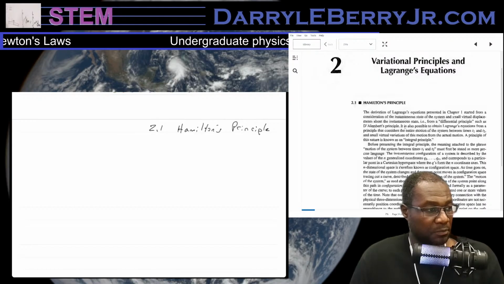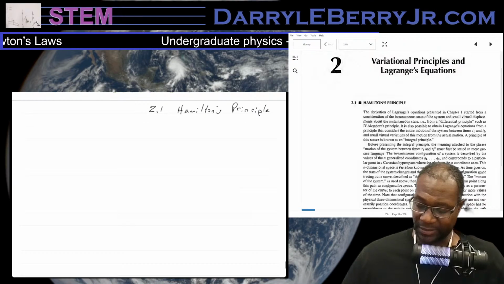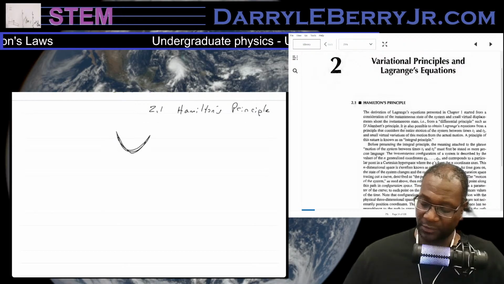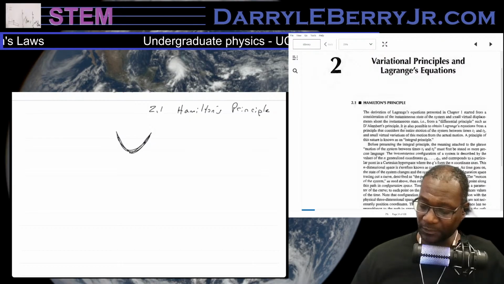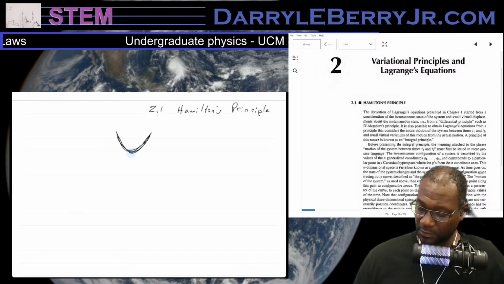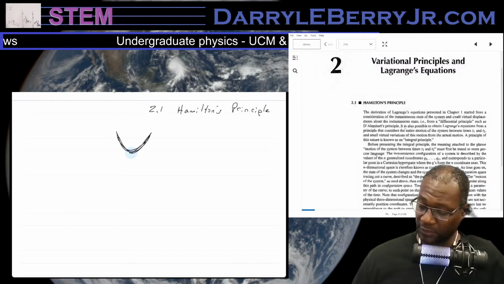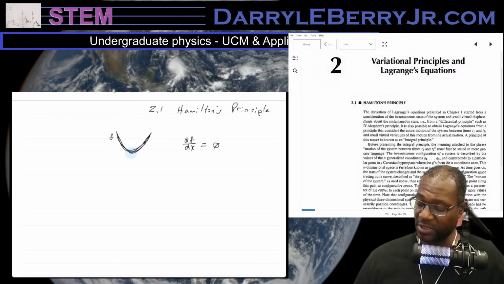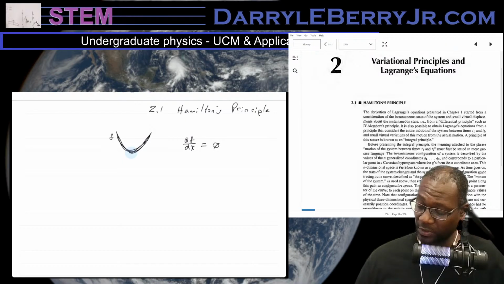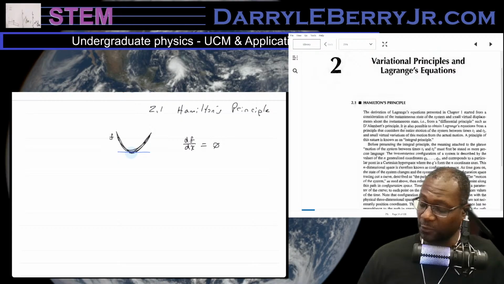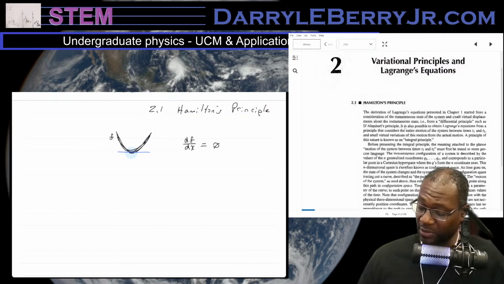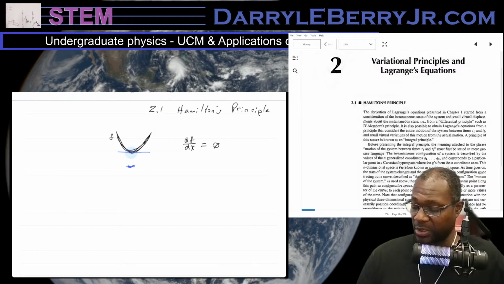So the way my professor described it in class is, if you have a curved path and we have a critical point where f of x, df/dx, equals 0, the slope is 0. And if you have a stable critical point and you move just a little bit to each side, it doesn't really change the physics so much.